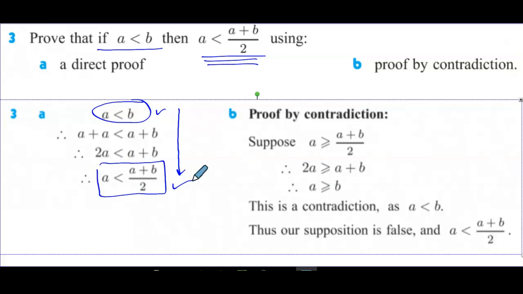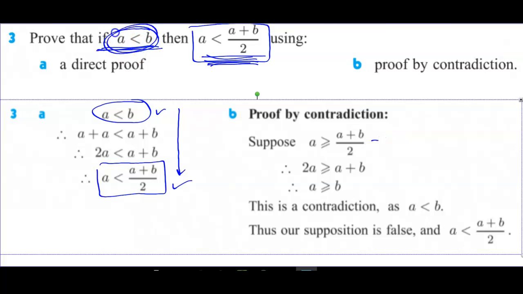With proof by contradiction, you know this is true and you want to get here, so you suppose the opposite is true. So the opposition here is a greater than or equal to b. Well, what happens then? You work it. Your goal is to come up with something that can't be true.